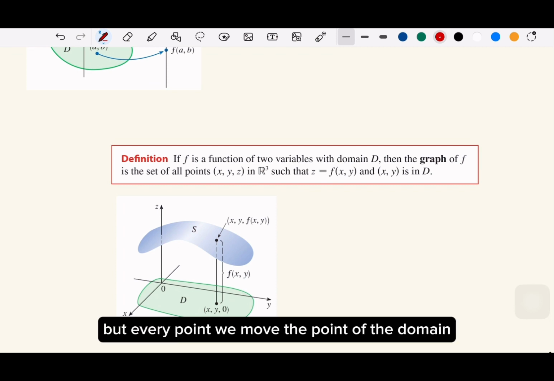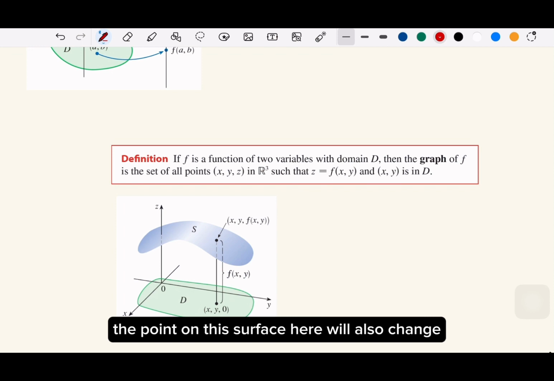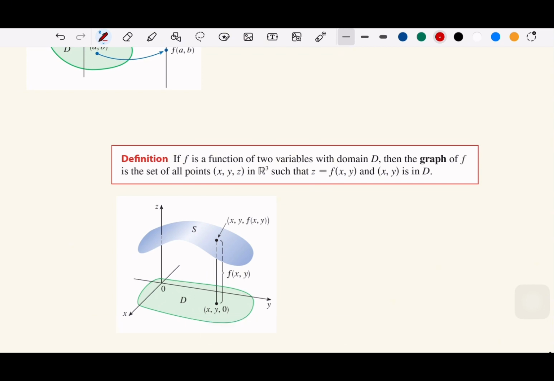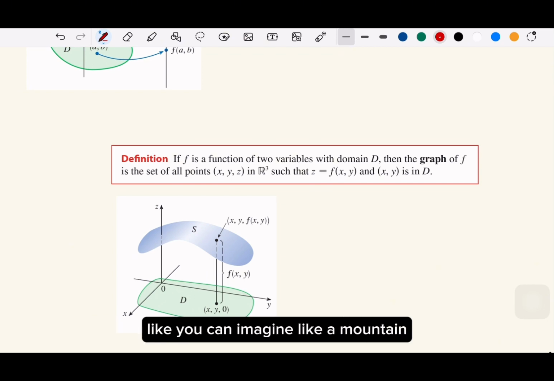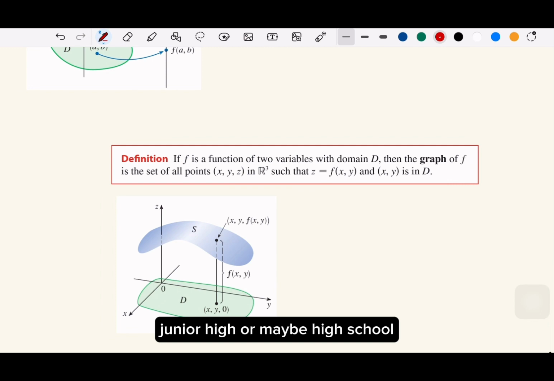Every time we move the point on the domain, the point on this surface will also change. So we are going to see surfaces, and you can imagine a mountain, if you took classes in junior high or high school.